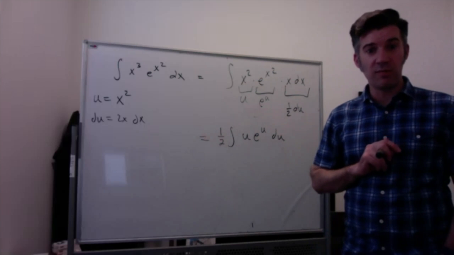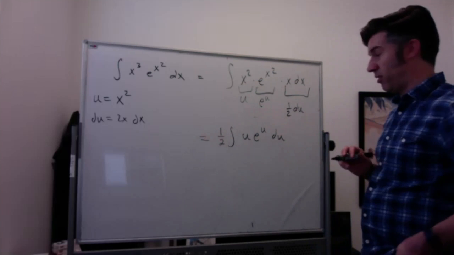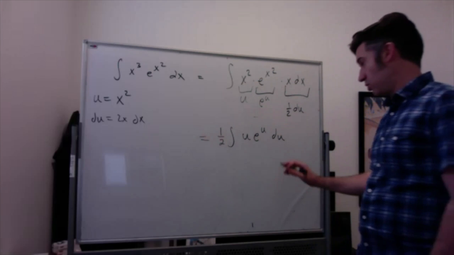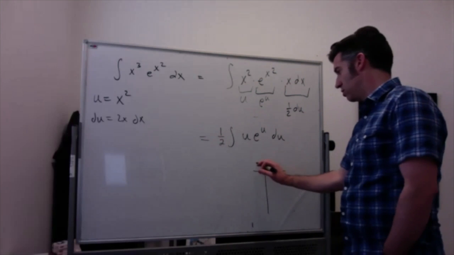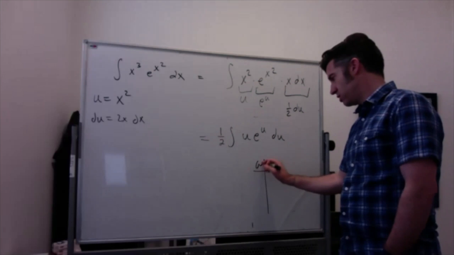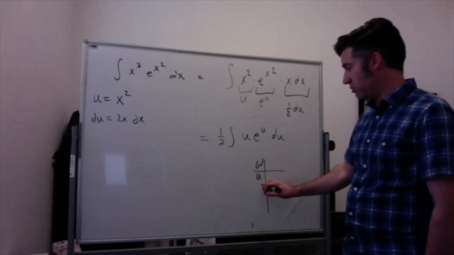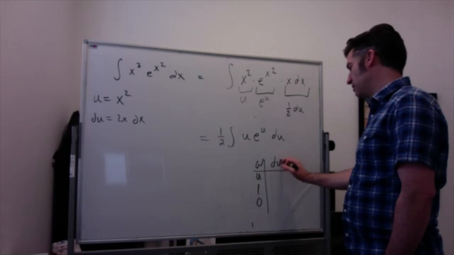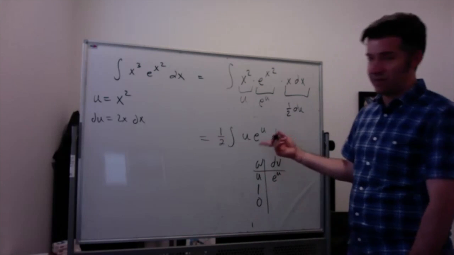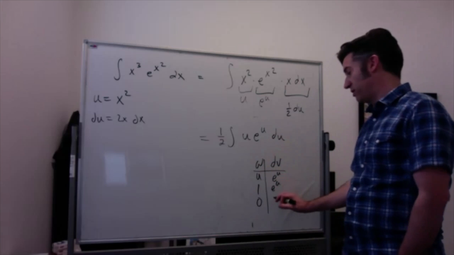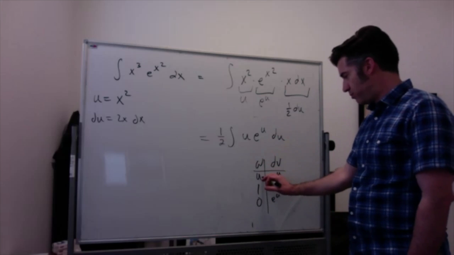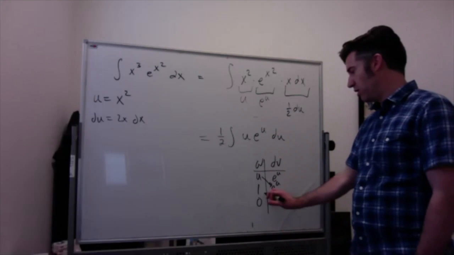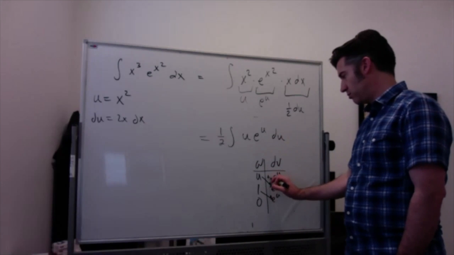And instead of doing integration by parts one step at a time, let's do a tabular. My u is going to be u, and the derivative of u is 1, and the derivative of 1 is 0. And my dv is going to be e to the u, and the antiderivative of e to the u is e to the u, and the antiderivative of e to the u is e to the u. So it's plus u e to the u minus 1 times e to the u.